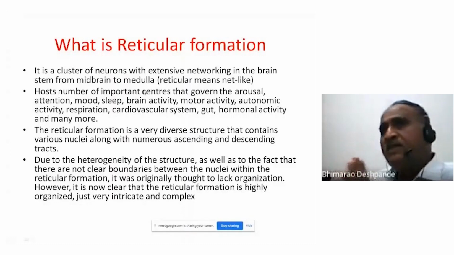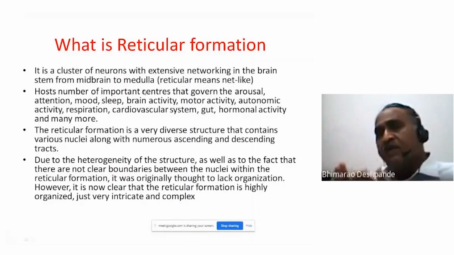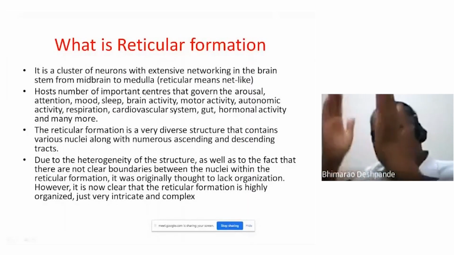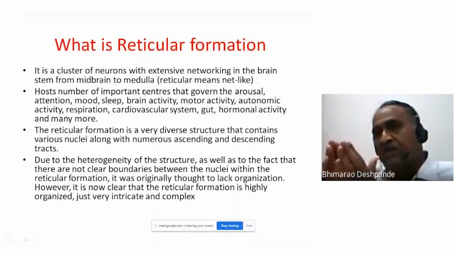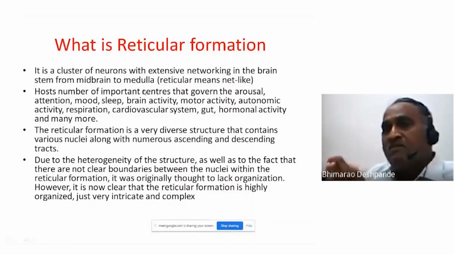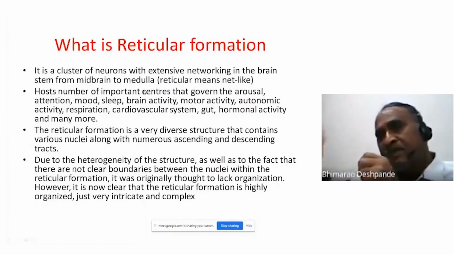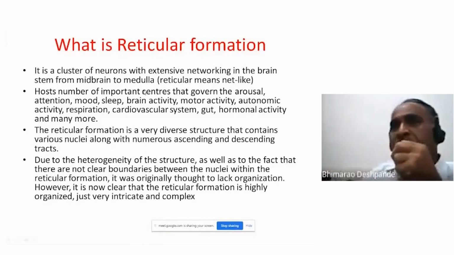Reticular formation is very diverse. That means in the medullary, pontine, and midbrain areas, it is in the core of those areas, what is called a tegmentum. It contains various nuclei, some of which remain within the network, some ascend to the cortex, and some descend to the spinal cord.